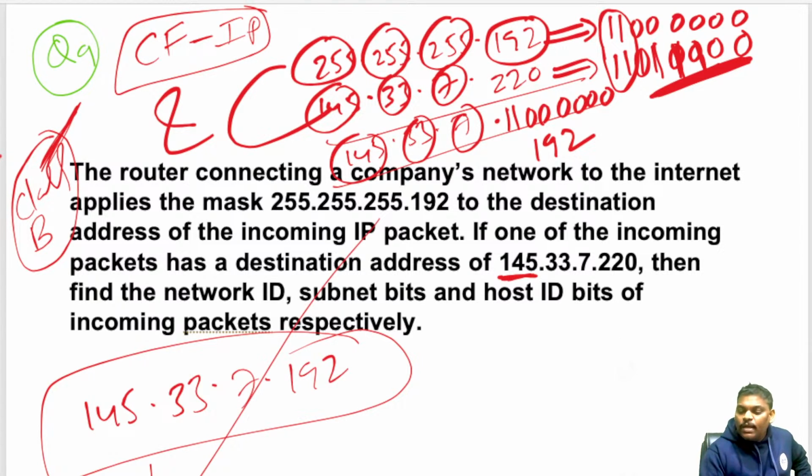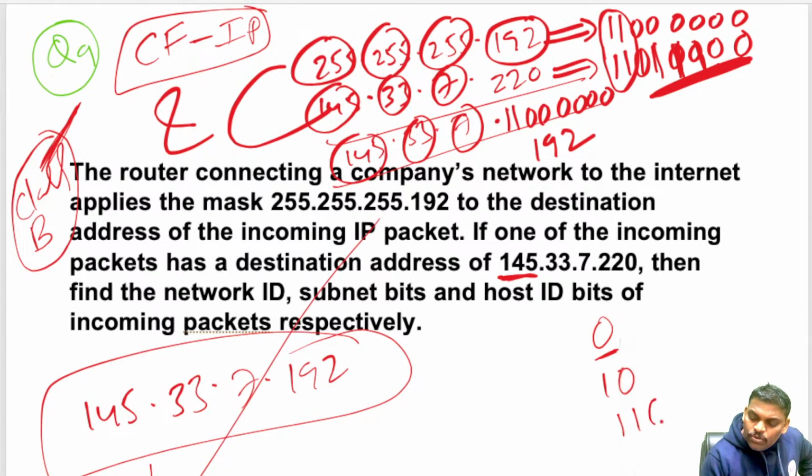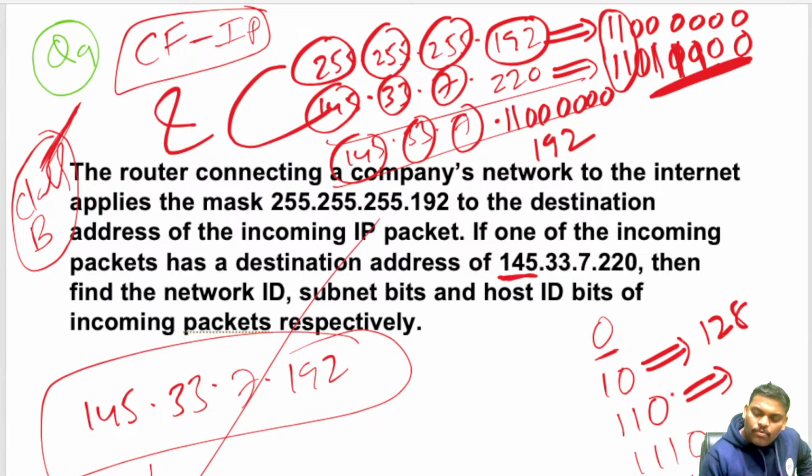If anyone asks how to identify classes: starting with 0, class A. Starting with 10, class B. Starting with 110, class C. Starting with 1110, class D. Four ones, class E. If you observe, 128 plus 64 is 192.